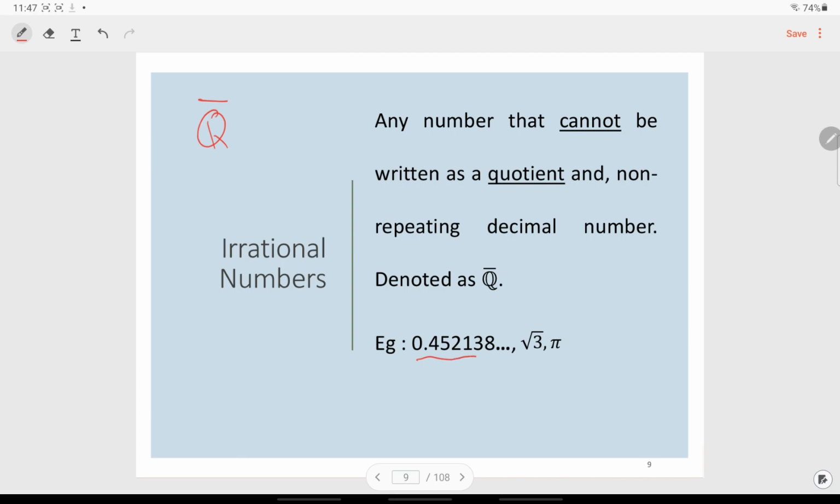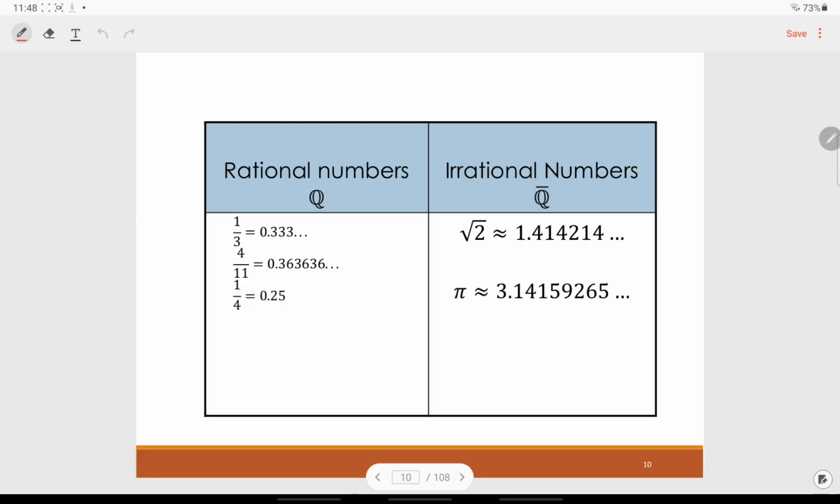This is a non-repeating and non-terminating decimal number, so it is an irrational number. The same goes for the square root of 3 and also pi. These two numbers are also categorized as irrational numbers because in decimal form they are non-repeating and non-terminating decimal numbers.